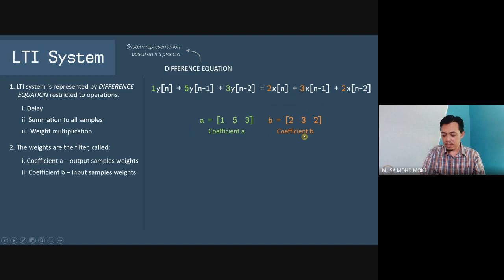When implementing this LTI system, how do we implement a discrete time system? Of course, using a digital system, like a microprocessor, the kind you have learned, or VLSI design.